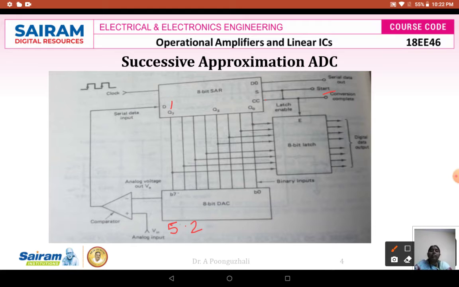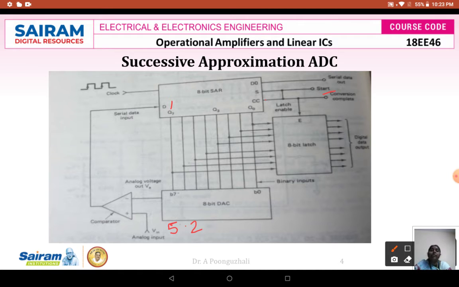So when the Q7 bit is set first, we are going to have the output to be maximum. When Q7 is maximum, it is 1 divided by 2 power 8. So in that case you are going to have the maximum value.